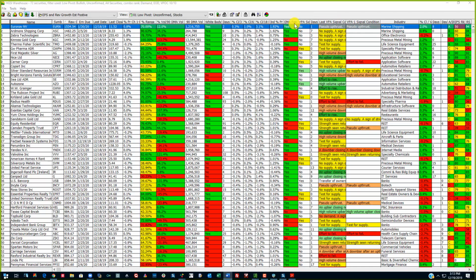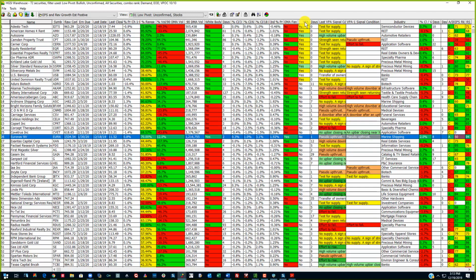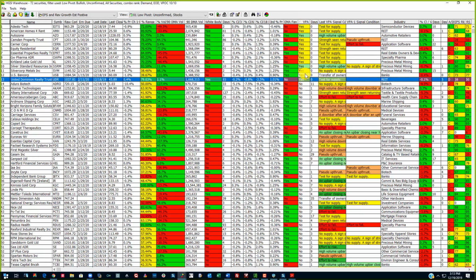The reason I put this in here is I only want to first look at stocks that are showing a VPA signal today. So if I sort on VPA, and then you see this column right here, VPA signal, if it's a yes, these are the stocks that had a VPA flag.